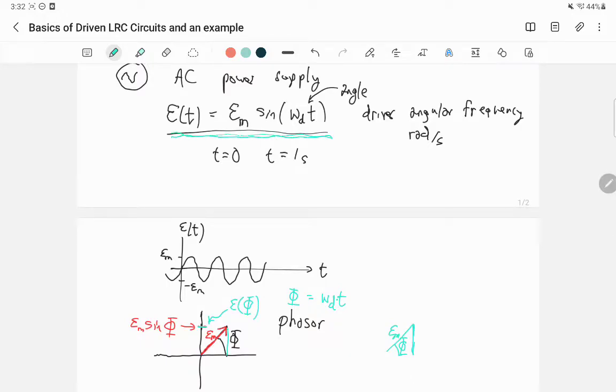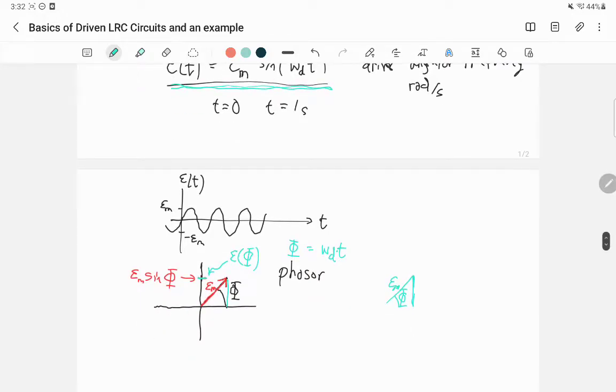This is a function that has a graph that looks like a sine wave in time, but that has a phasor diagram that looks like a little arrow that sweeps in the counterclockwise direction. It's sweeping like this, right?